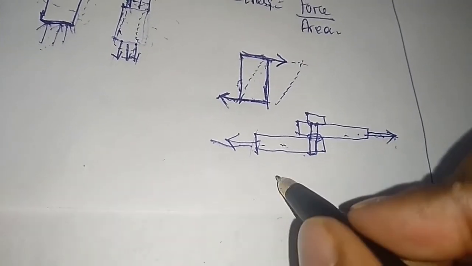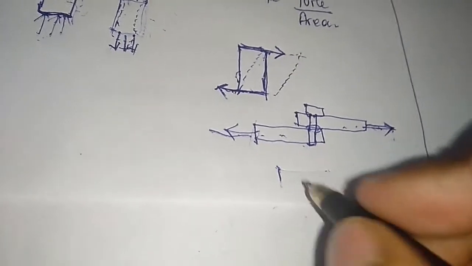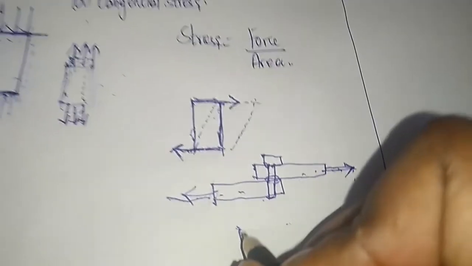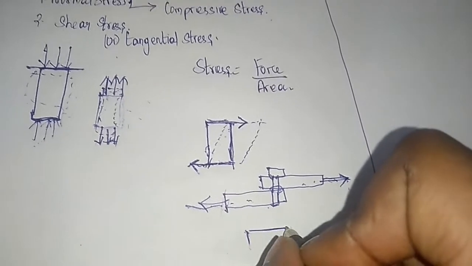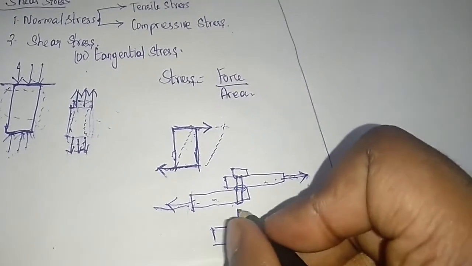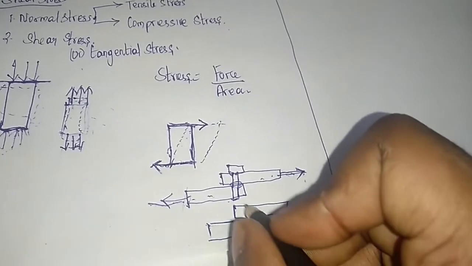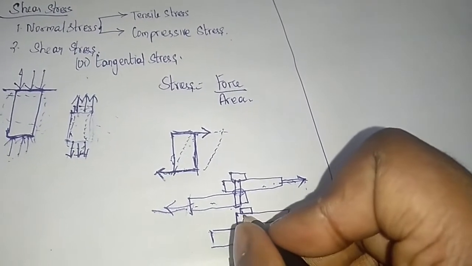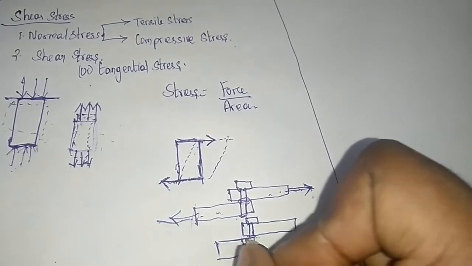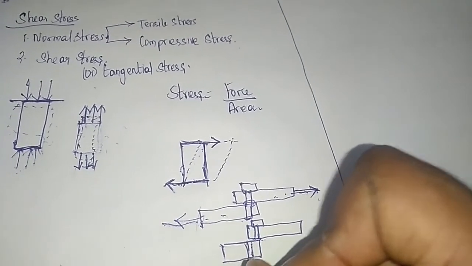So I will show you in the diagram. Up to a particular limit, it will withstand the load. After a limit, it will cut. See, it is cut like this.